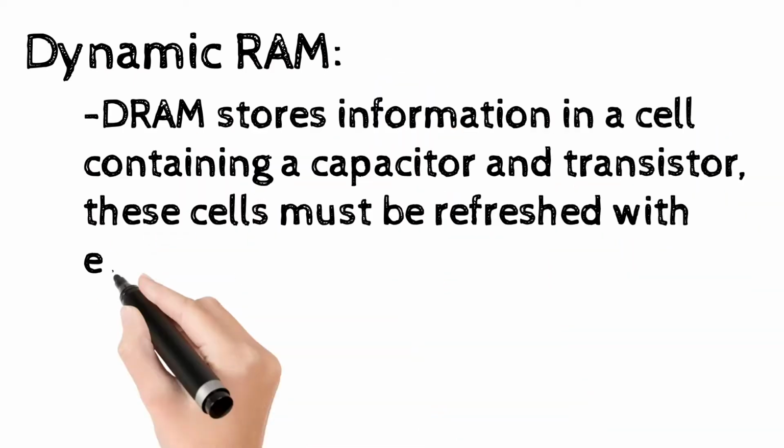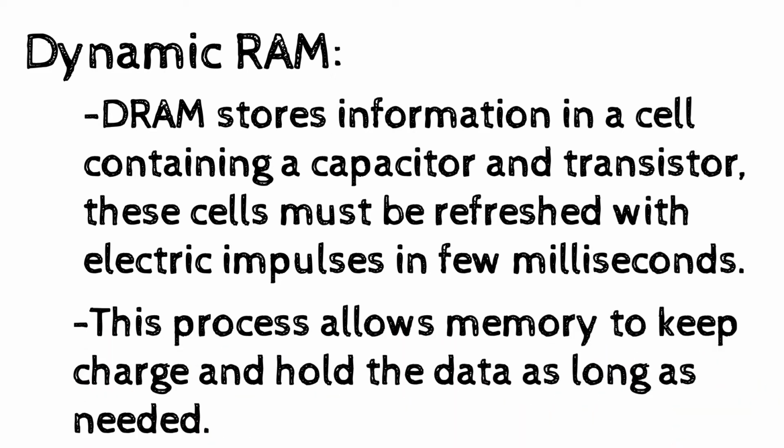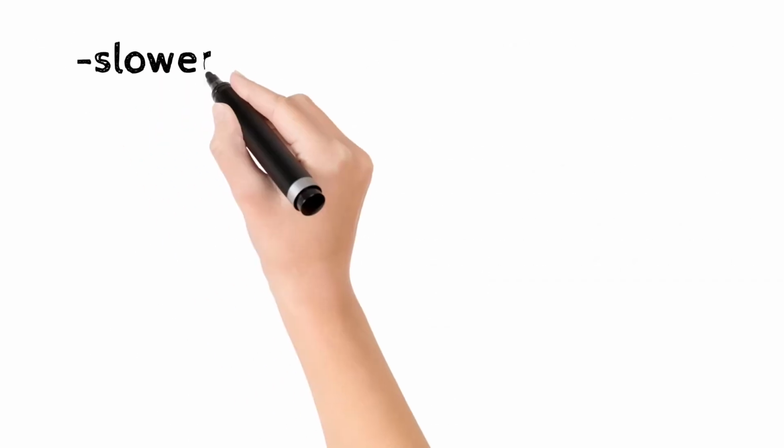Dynamic RAM. DRAM stores information in a cell containing a capacitor and a transistor. These cells must be refreshed with electric impulses in few milliseconds. This process allows memory to keep charge and hold the data as long as needed. It is slower and cheaper when compared to SRAM.